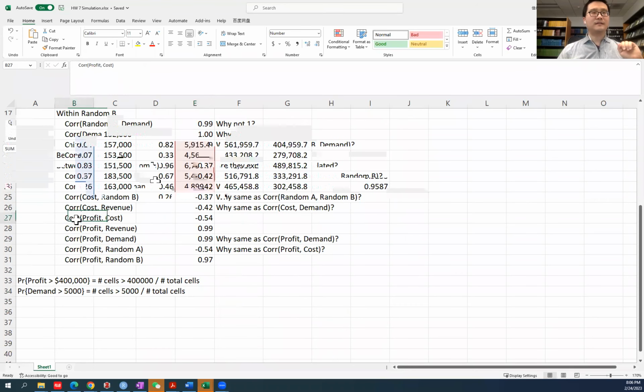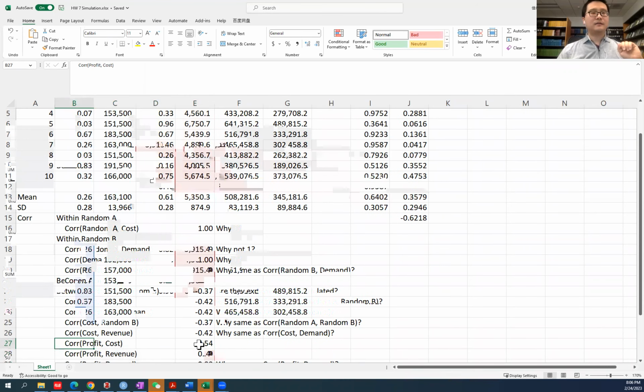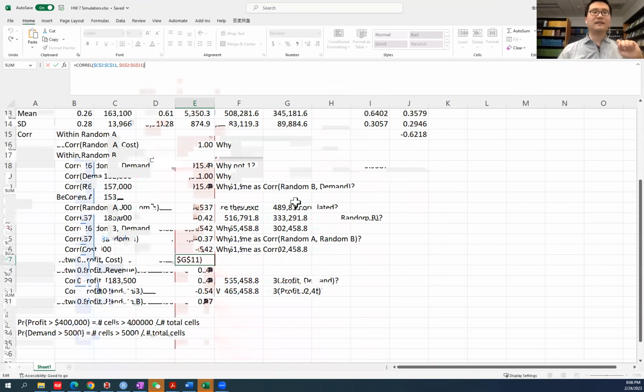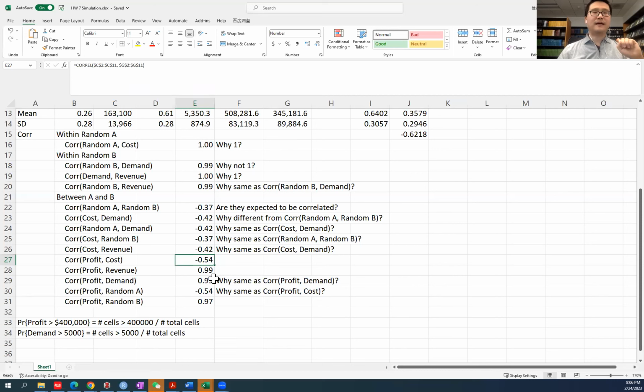About the profit, let's see what happens here. If we check the correlation between profit and cost, they should be negatively correlated because profit involves a term of negative cost, right? So this correlation, when we calculate it, is negative 0.54.